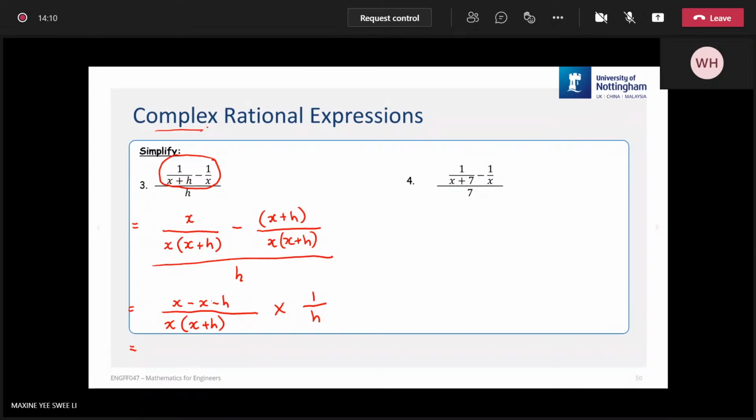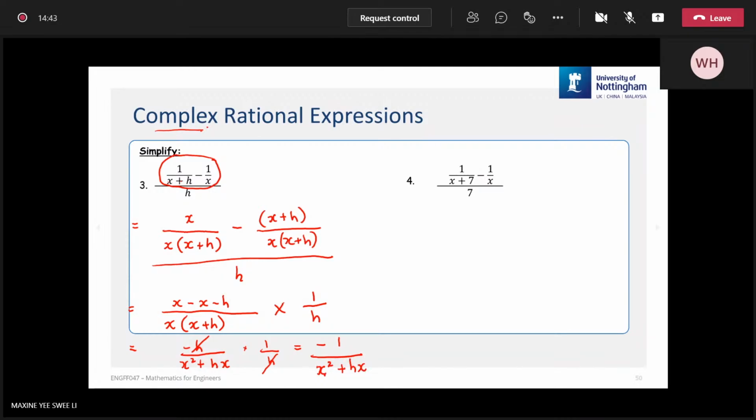X minus x is 0, so you are left with negative h over x squared plus hx, and then multiply by 1 over h. So it turns out that we can cancel off the h. So now it becomes negative 1 over x squared plus hx.